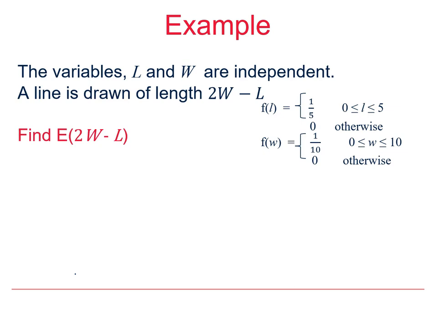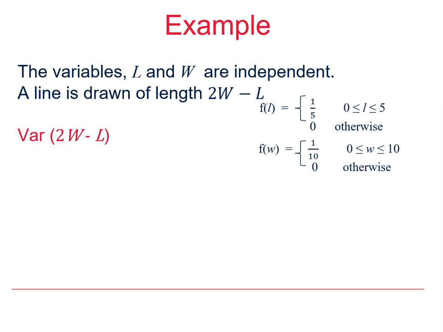If we now look at something slightly more complicated, we're now going to draw a line of length 2W minus L. So this time there's a subtraction involved. We want first of all to find the expectation of that, and that would be twice the expected value for W minus the expected value for L, following the rules that you saw earlier. So that would be 2 times 5 minus 2.5, and that would give us 7.5.